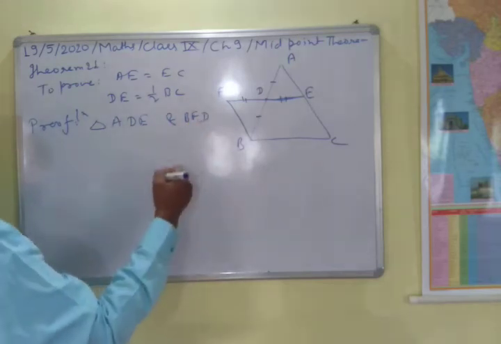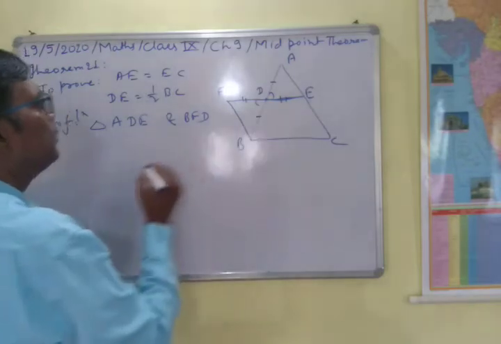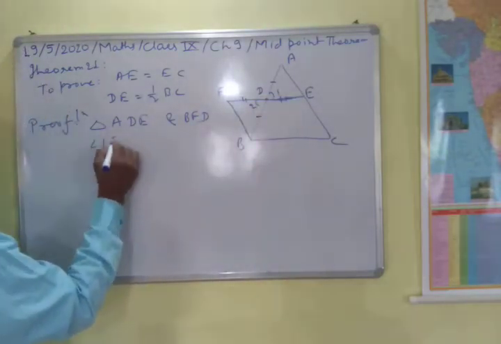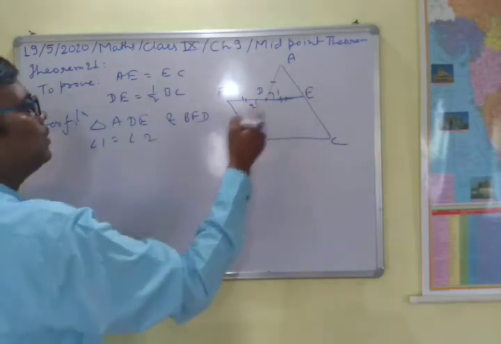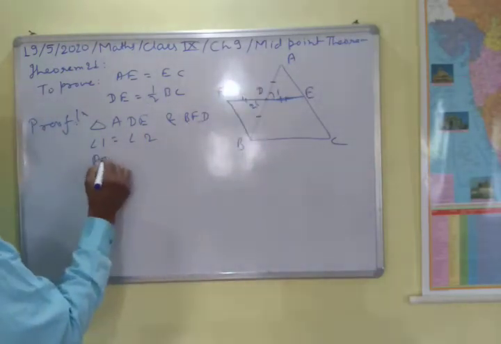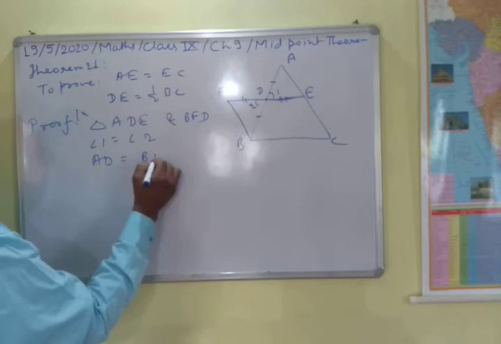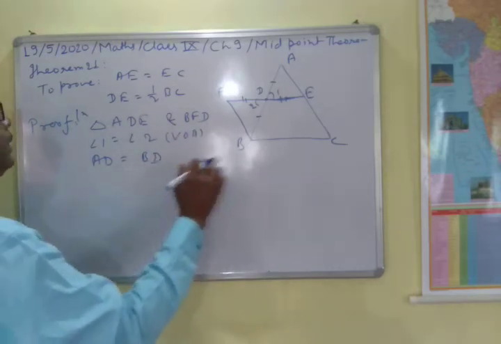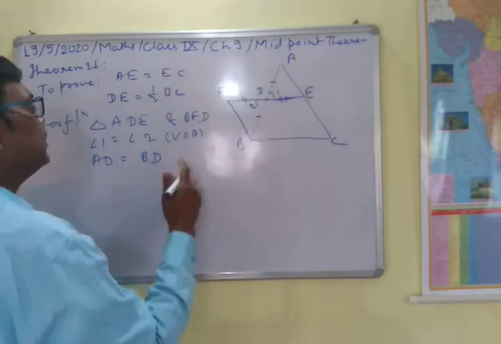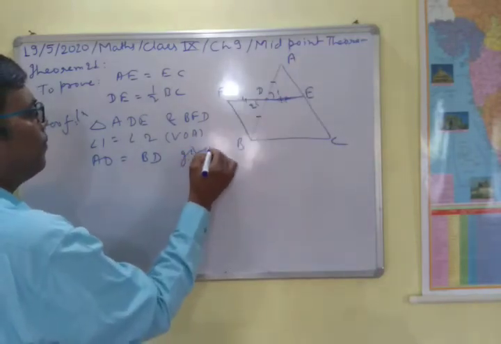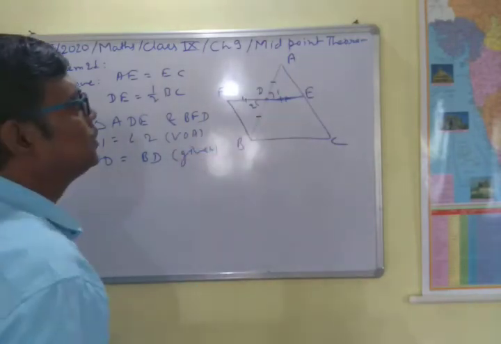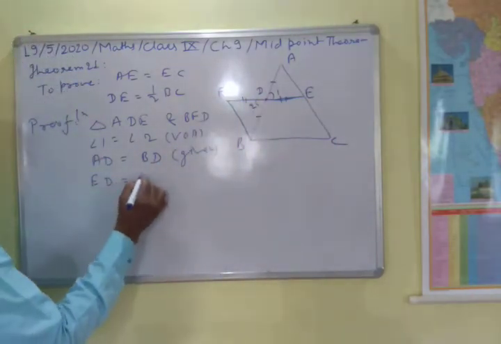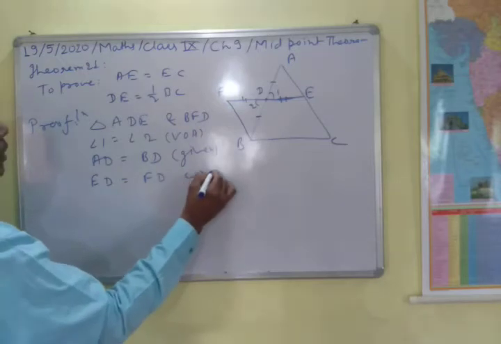We will have the two conditions: suppose these are angles 1 and 2, so angle 1 equal to angle 2, as they are vertically opposite angles. And AD equal to BD, it is given. The next condition is ED equal to FD, by construction.